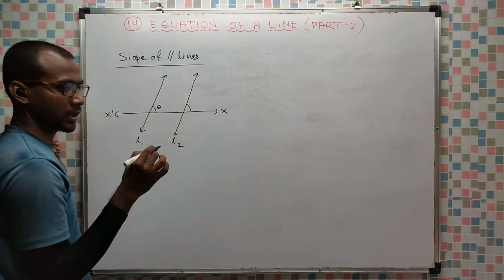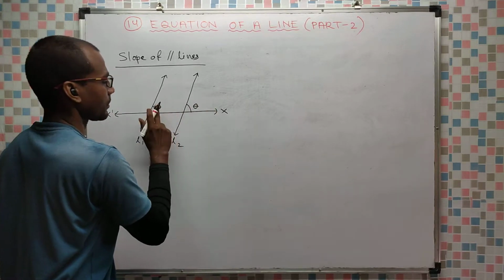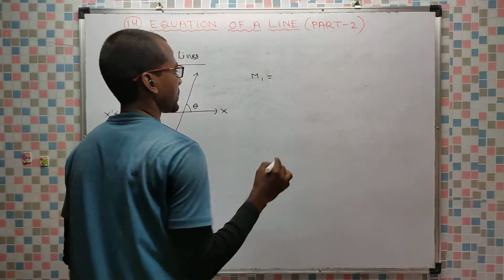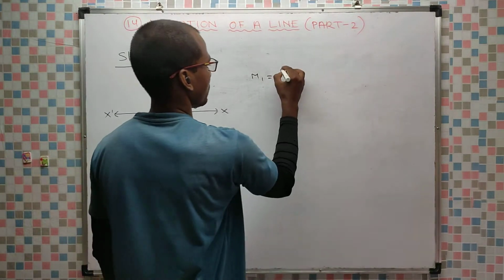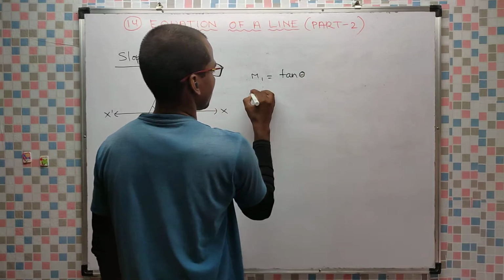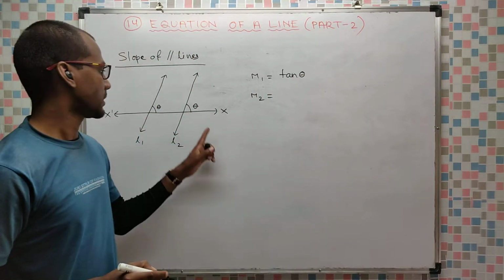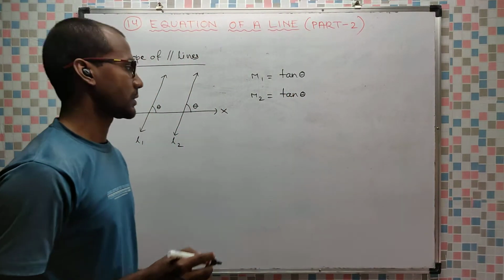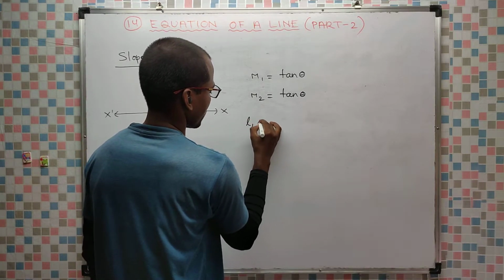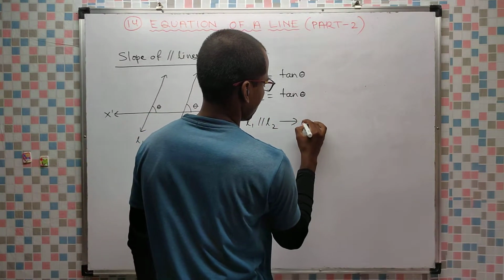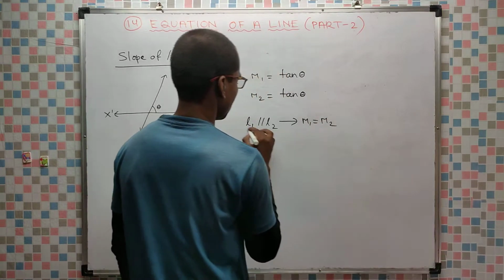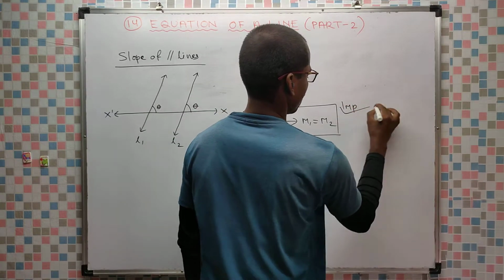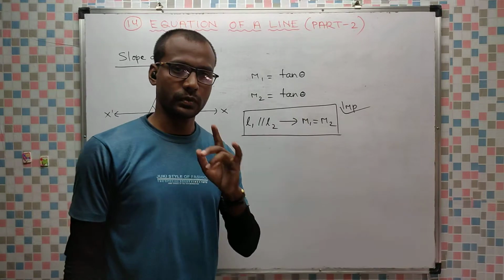It means the angle of inclination of line L2 will also be theta because of corresponding angles. So M1, means slope of the first line, is equal to tan theta. Slope of the second line is again tan theta, means same to same. So remember, if L1 is parallel to L2, then M1 is equal to M2. If two lines are parallel, then their slopes will be same.